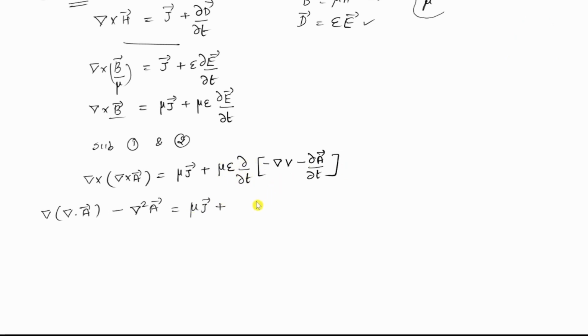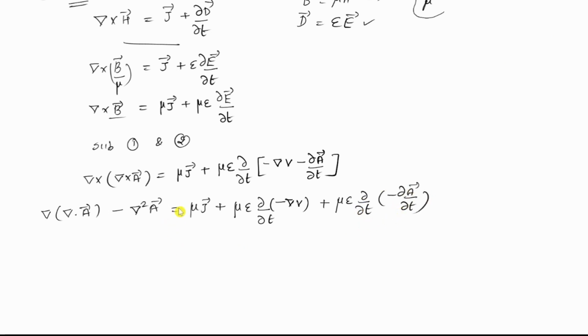We are going to expand this. What will happen? Mu epsilon dou by dou T of minus del V, and again if we multiply the second term, mu epsilon dou by dou T of minus dou A by dou T.